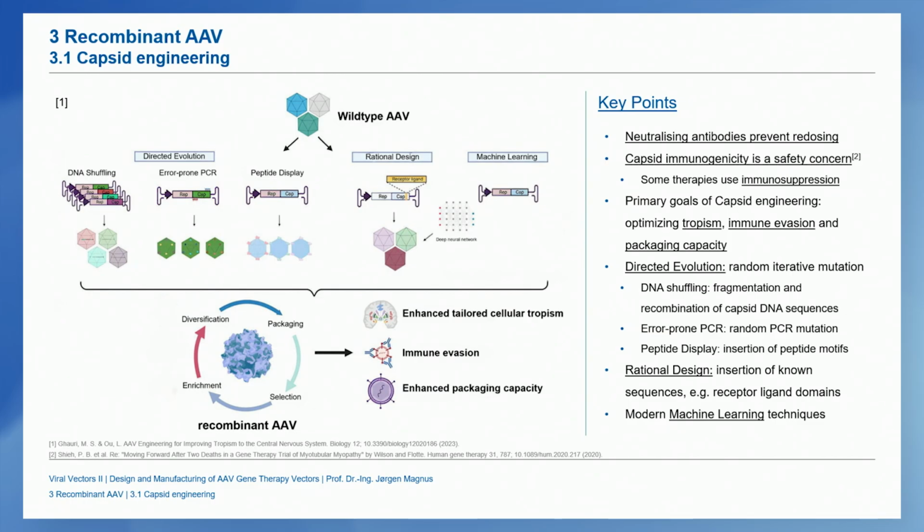One interesting aspect is if you have to target the brain, and if you're developing a gene therapy for the brain, you would typically have to introduce the AAVs directly into the brain, because it's very difficult for the AAVs to cross the blood-brain barrier.